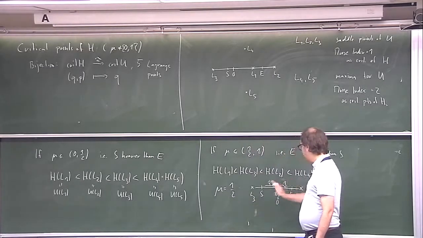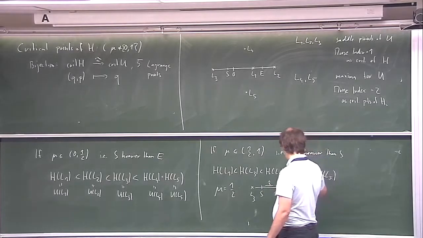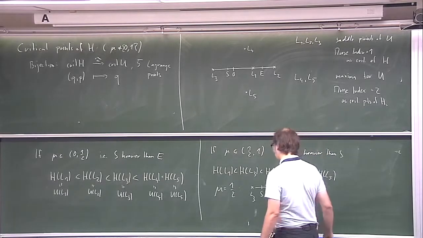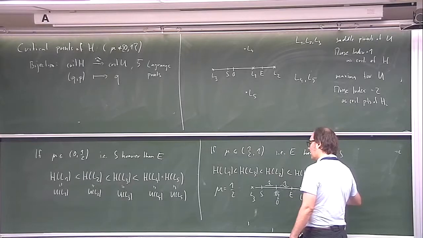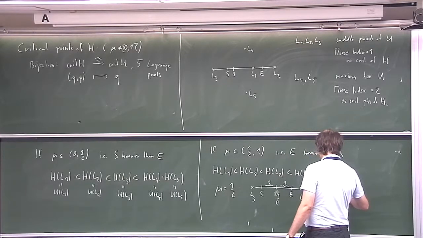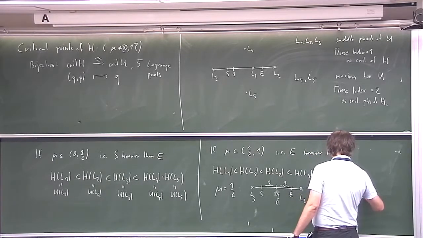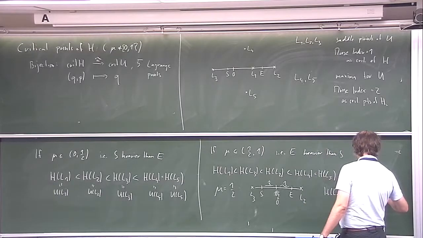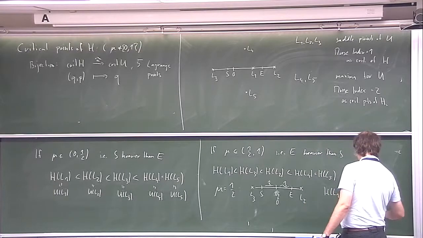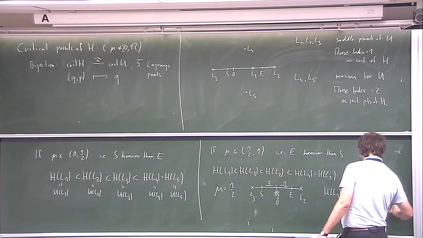You can also just reflect, and L4 and L5 as well. So there we have H(L1) < H(L2) = H(L3), and this is less than H(L4) = H(L5).